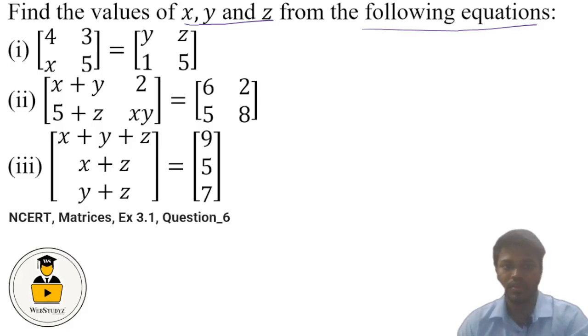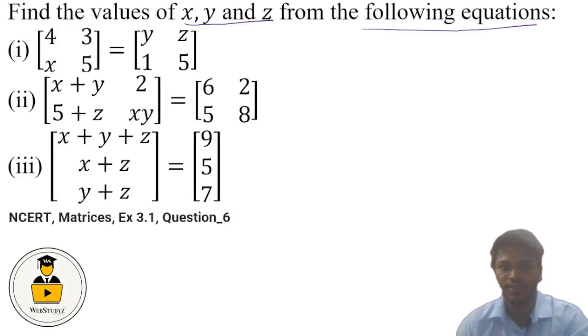So here we have given a matrix 4, 3, x and 5 and it is equal to y, z, 1, 5.